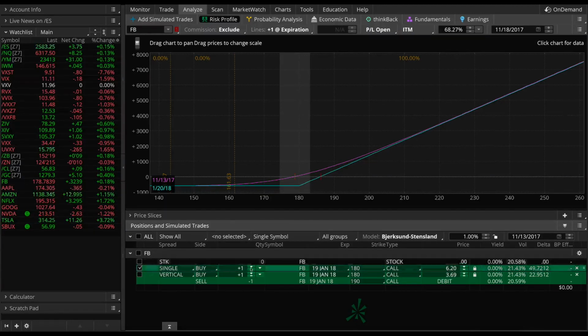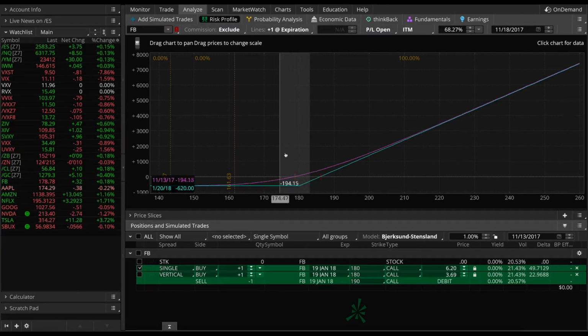In this case, we're only buying one contract, and since we're paying $6.20, our maximum loss potential is going to be $6.20 times $100, because the standard equity option contract multiplier is $100. So $6.20 times 100 is $620.